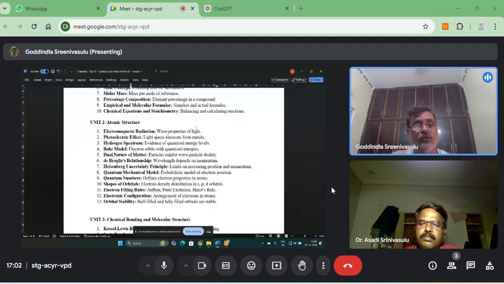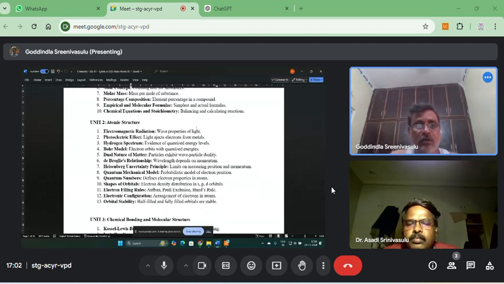Then electron filling rules. When another electron comes into an atom, it follows the Pauli exclusion principle and Hund's rule. Hund's rule says that when electrons are being filled, first the electrons will fill singly, and then they will pair.